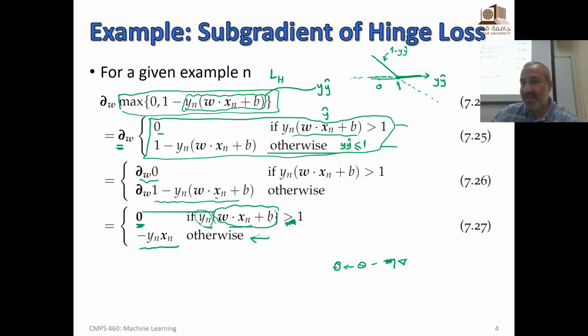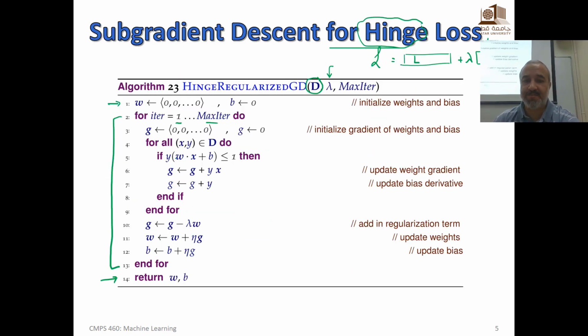So we have to compute that with the current values of the weights and the bias, multiply it with yn, and see if this is greater than 1, what should we do? 0, which means nothing. We should not do any updates. If it's otherwise, then we should make the updates based on the gradient. And that's what we will see here.